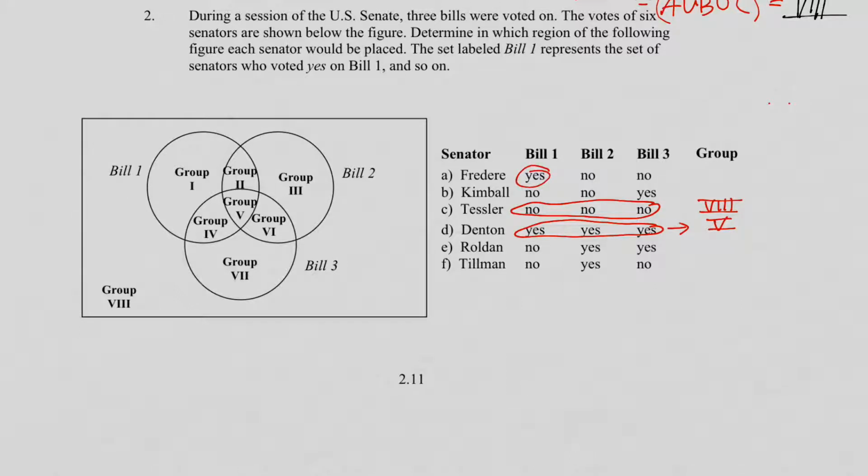Like this yes right here, that's only for Bill 1, so that's definitely exclusive to set A, which would be Bill 1. So that's region 1. This is exclusive to set C. That's region 7. This one's exclusive to set B, which is 7. Wait, sorry, that's 3.